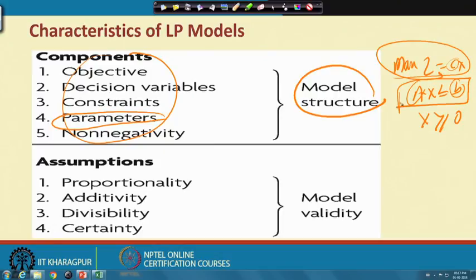And non-negativity is x greater than or equal to 0. So, corresponding to the LP structure, you have to transform the problem into this particular format, depending upon the situation and the business problem. Then finally, we look for the optimum solution.